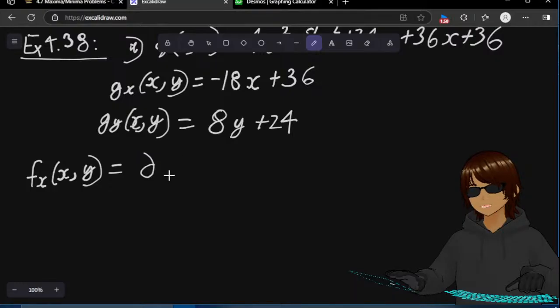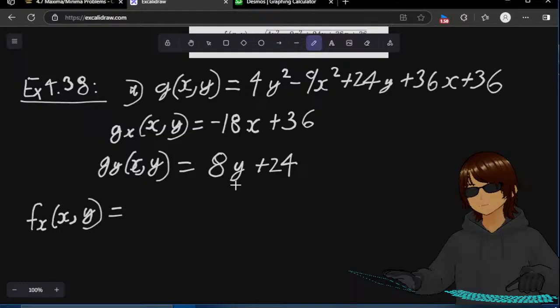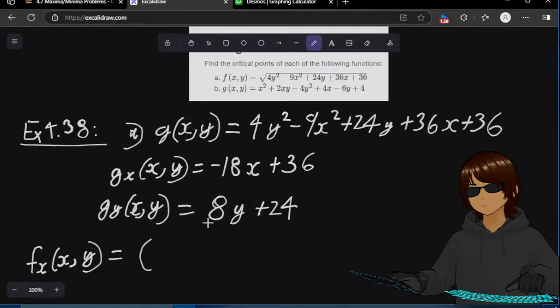Is the partial derivative of all this with respect to x, right?